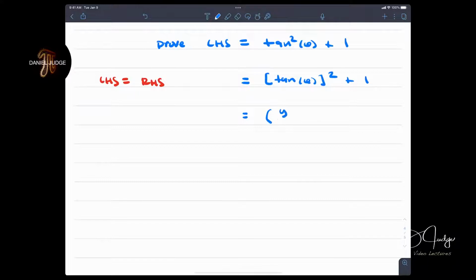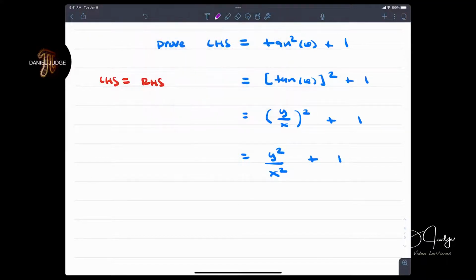Circular functions, y over x to the second power. And don't forget, this is plus 1. Doing some properties, this is what I mean by algebra. We can use some algebra.